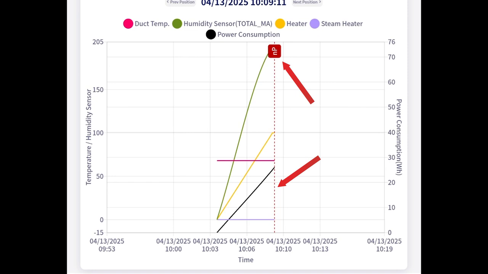That's the point in the cycle when the NP code occurred and the unit shut down, of course, because it had no power at that point. All error codes will display on the chart except for the D80, D90, and D95 codes. But this shows you how error codes will display for dryers in the Argus system.